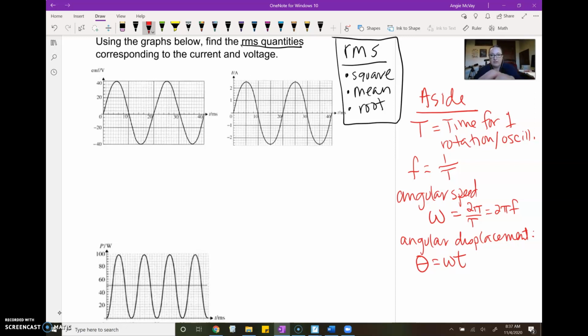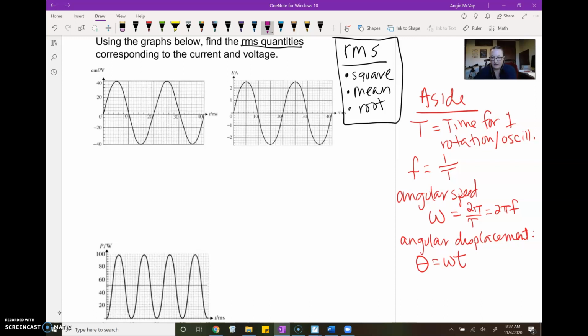Okay, so those are our asides because we need to write an equation for EMF as a function of time, and that's just a reminder. You guys in your math class, I'm sure, have written equations for oscillating functions for sine and cosine.